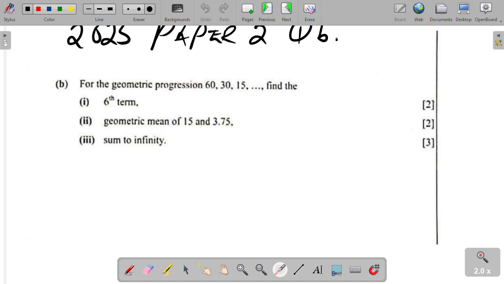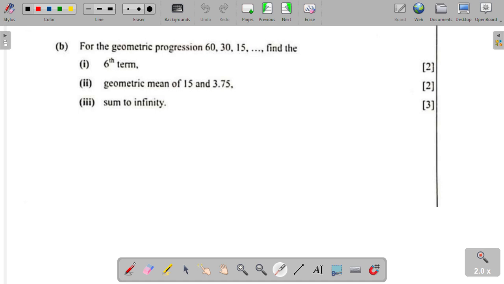Okay, so the first thing you need to know before solving this question, you have to identify the common ratio and the first term. So here our first term, denoted by A, is 60.